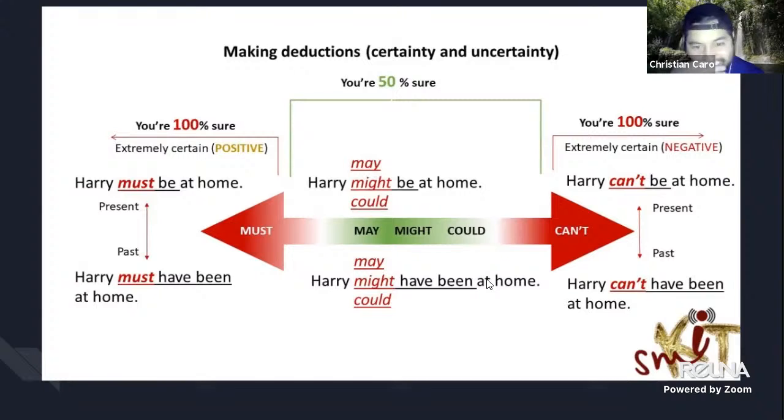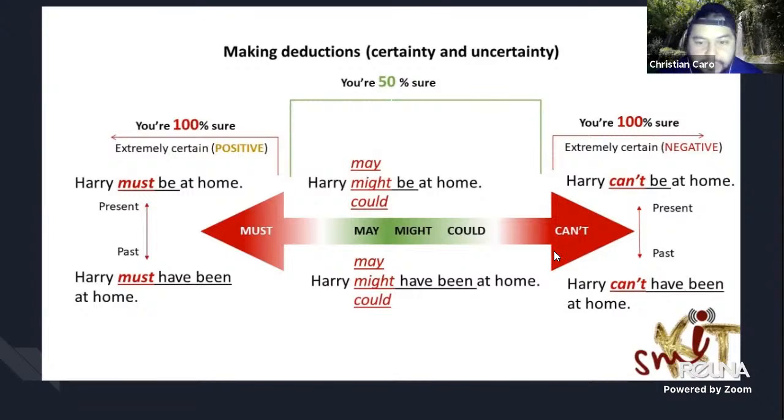So remember that when we want to use the modal verbs in the past, normally we use the perfect aspect. So what is the perfect aspect? In this case it is only have plus past participle, which is been in this case.